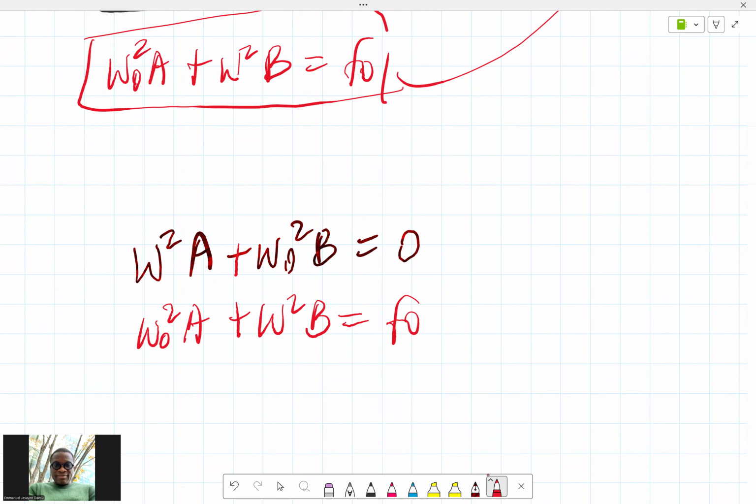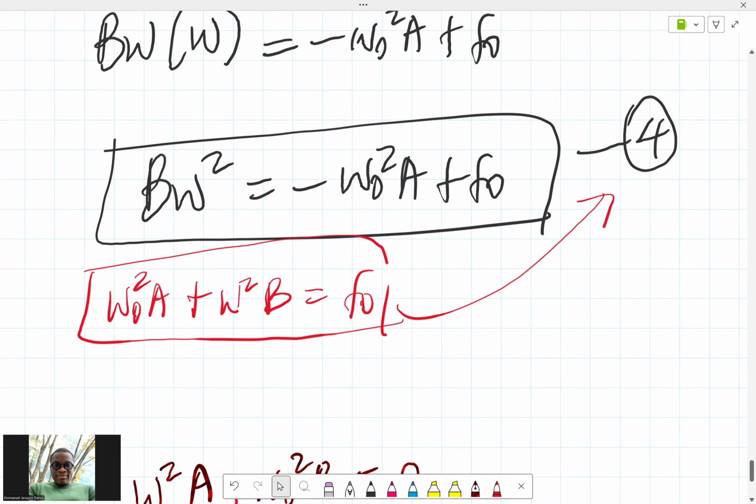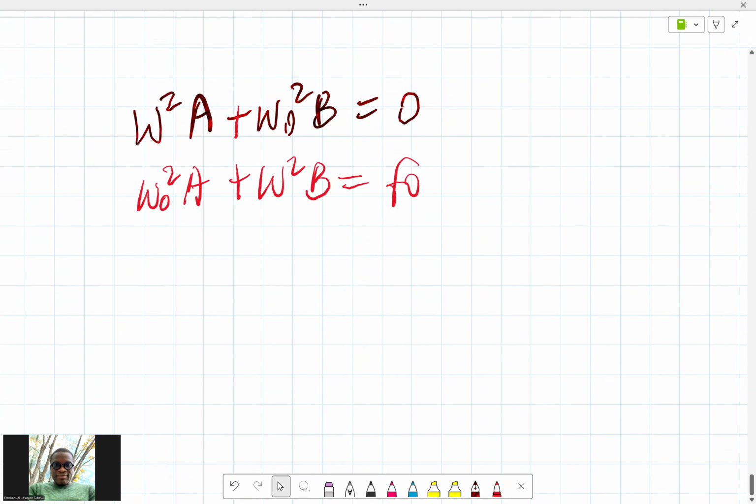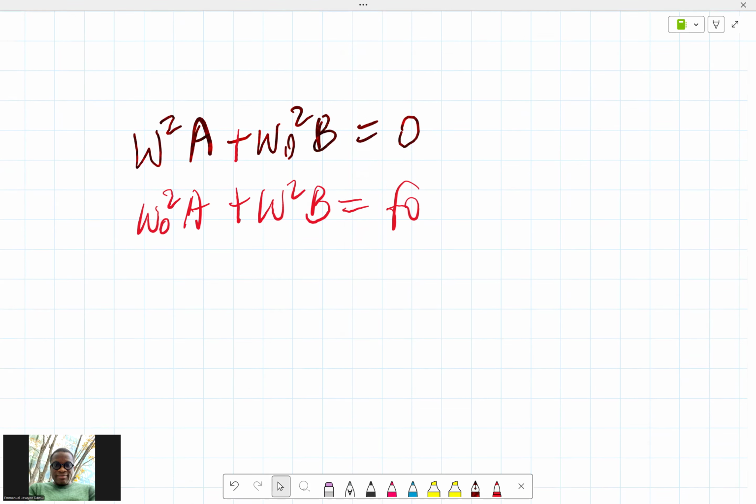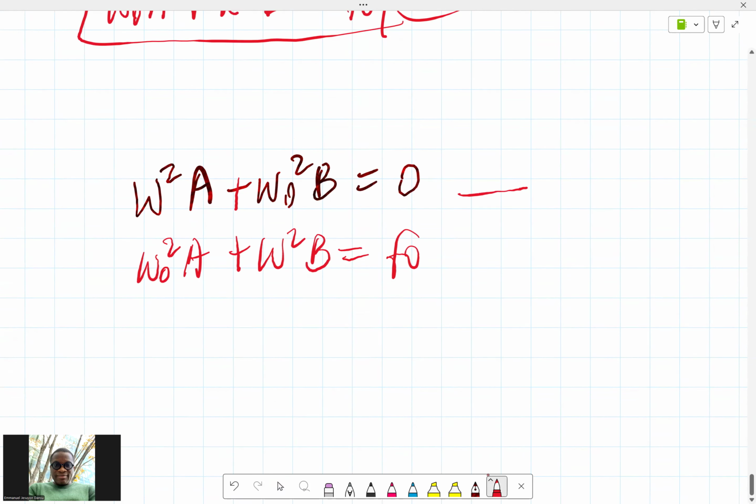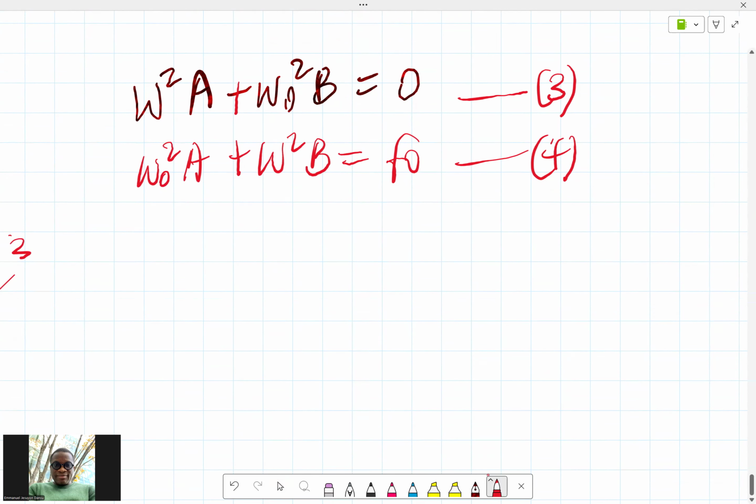How do we do this? The signs are different. So if we want to eliminate, we need to multiply through by one of the two to balance things up. So now this is equation 3, and this is equation 4. To make that work, we can say equation 3 multiplied by, say, omega naught squared.